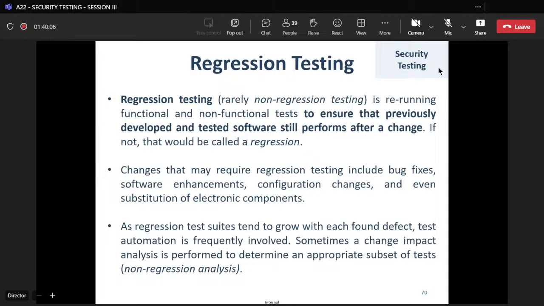This will make sure that any changes made in the program, such as bug fixing, software enhancements, or configuration changes, are not affecting the other modules or functions which were working fine in the previous version. Because sometimes a change made in the software code may impact the performance, or it can even affect the other functions or modules. So from that perspective, regression testing will be performed.